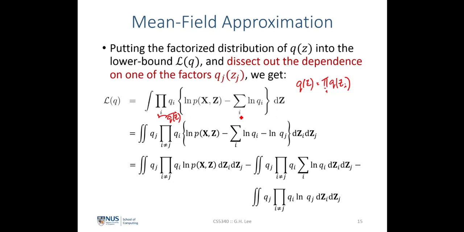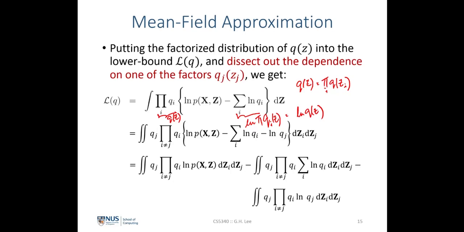As well, this is from the denominator that we saw in the previous slide on the lower bound expression, where this guy over here is also simply the log of the product terms of all the qi's of z, which equals the log of q of z, as what we have seen in the original expression of the lower bound.